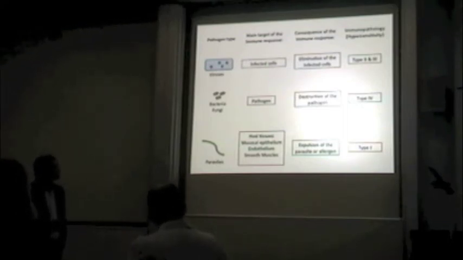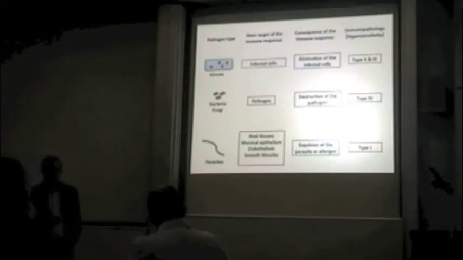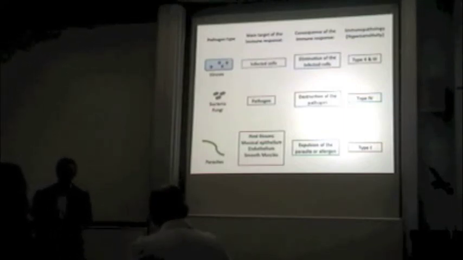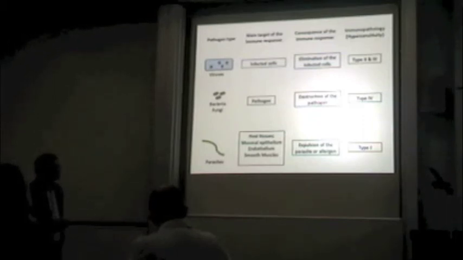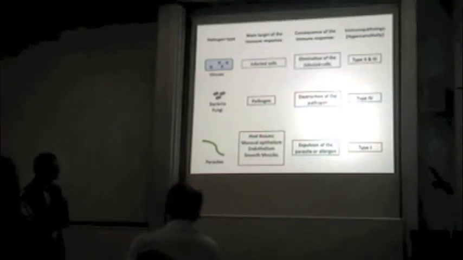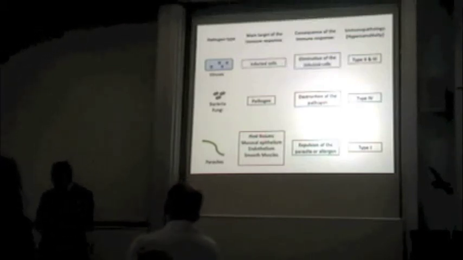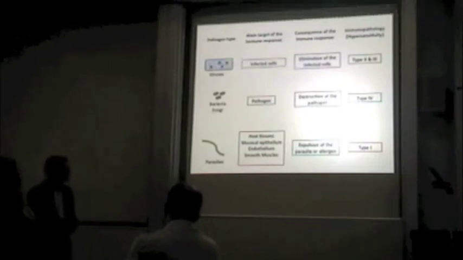And the third main class of infection is infection with multicellular parasites. The main target of the immune response here is not the pathogen itself for the most part, except for the larval stages. But in the case of adult worms, the main target of the response is certain types of host tissues, and specifically mucosal epithelium, smooth muscles, and endothelium.